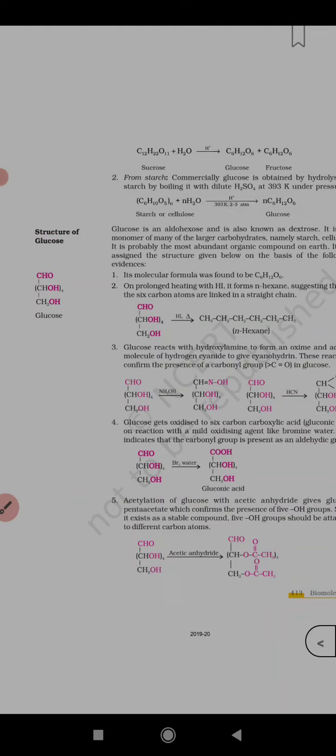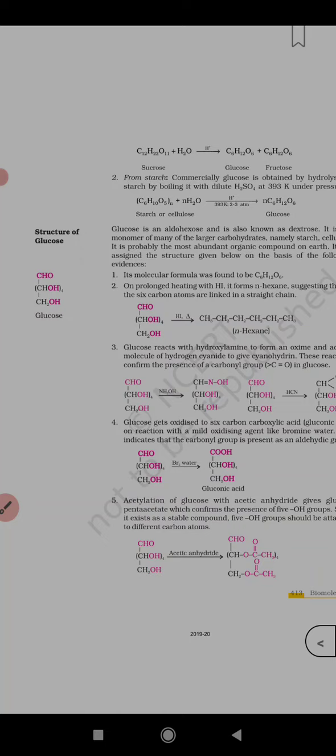Now let us talk about glucose. Glucose gets oxidized to 6 carbon carboxylic acid, called gluconic acid, on reaction with a mild oxidizing agent like bromine water, Br2 water.